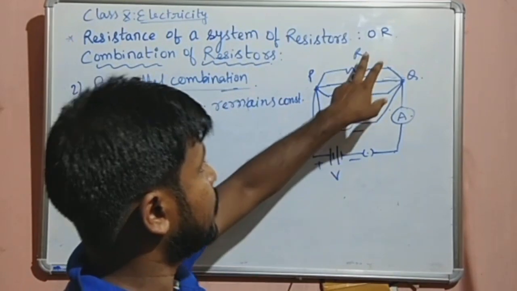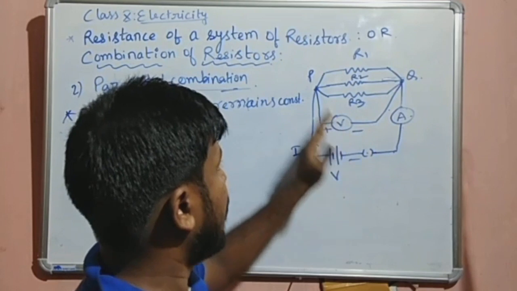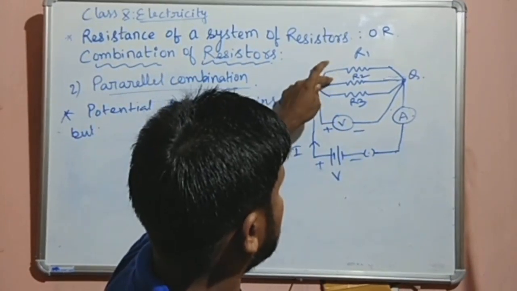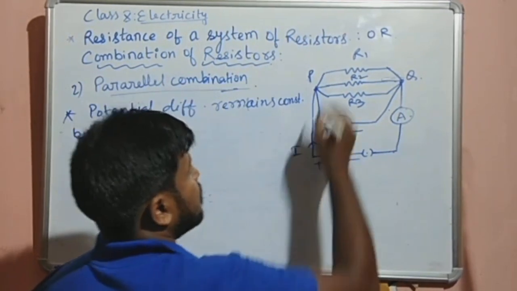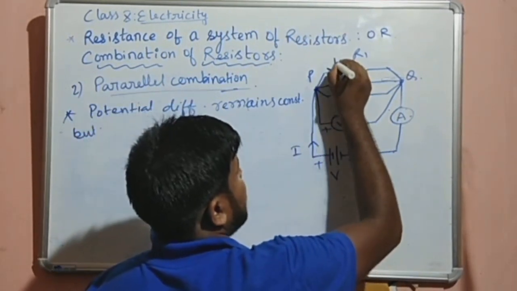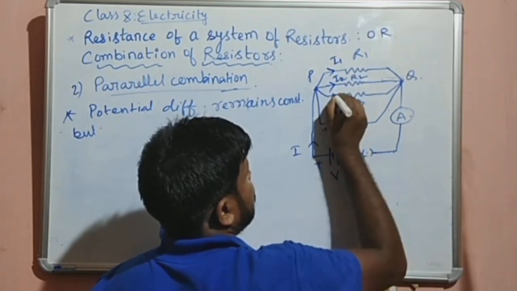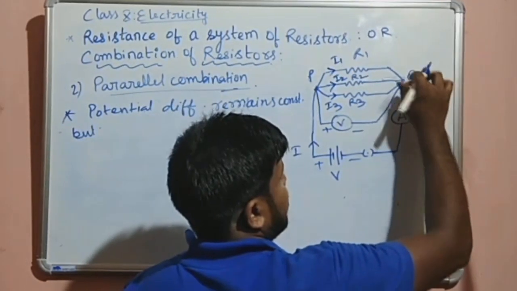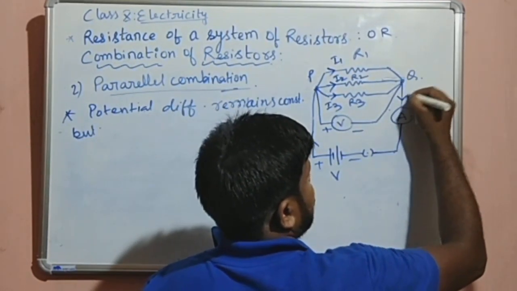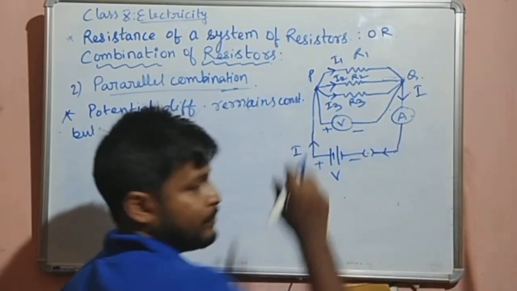Similarly, here the value of resistance will decide how much current will go in R1, how much in R2, and how much in R3. Suppose I1 current is flowing here, I2 here, and I3 here. They come and get joined again, added to make current I. So the current I returns.